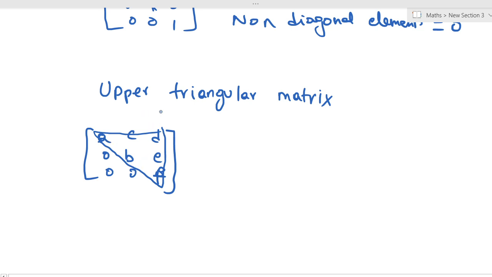Similarly we can draw a lower triangular matrix as well. I think you can draw it easily now. Lower triangular matrix.